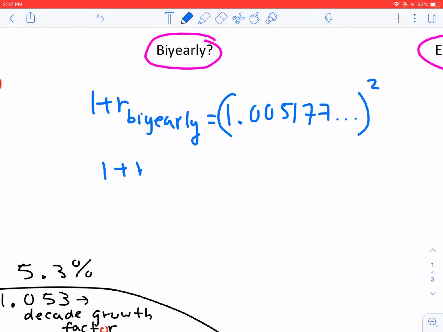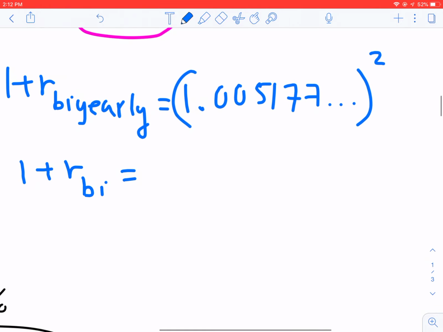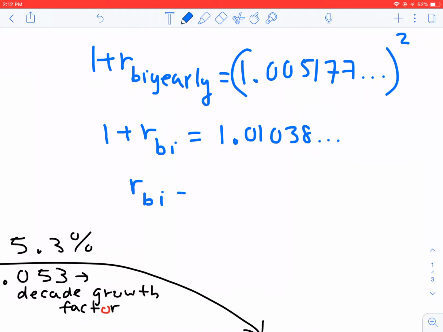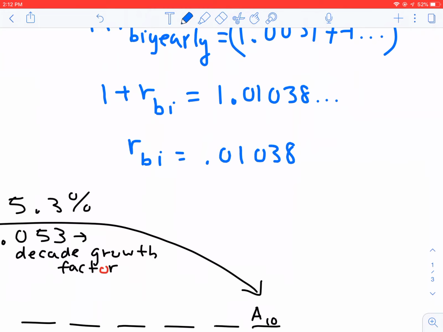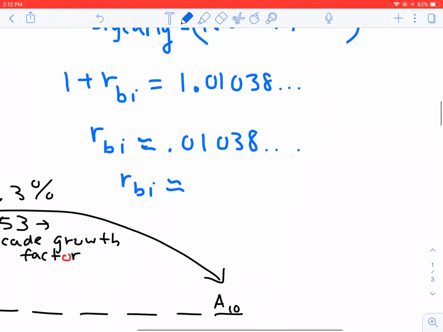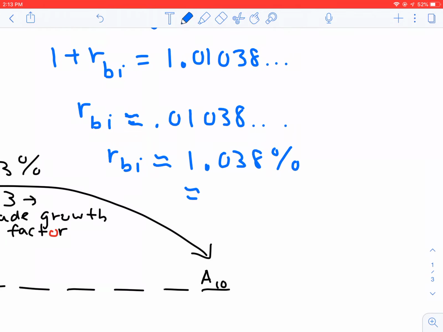And so 1 plus the bi-yearly growth rate is going to be, let me just type this in real quick, about 1.01038, a lot more decimal places, or 0.01038, and to the nearest tenth, you should all be using approximately symbols, by the way, 1.038%, or about 1%.